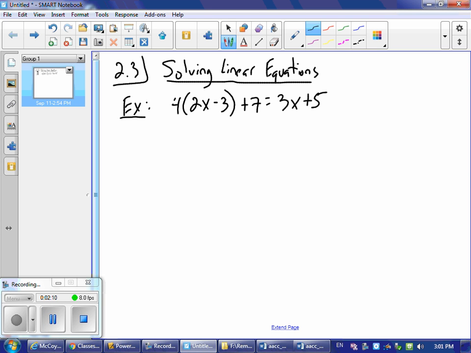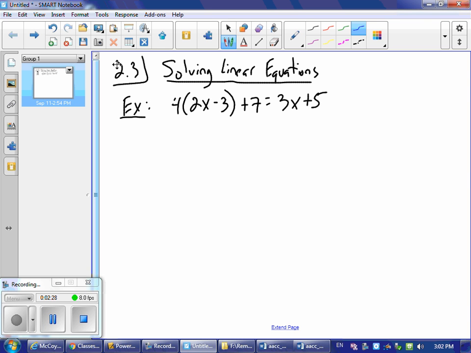So in general, what we want to do is simplify the left-hand side first. We want to remove the grouping symbols if possible. So we are going to distribute first.